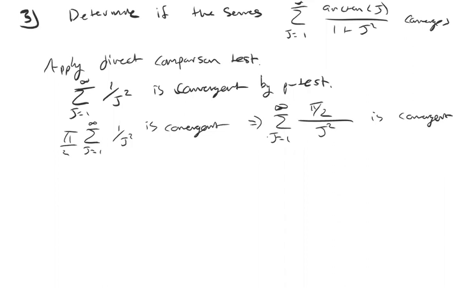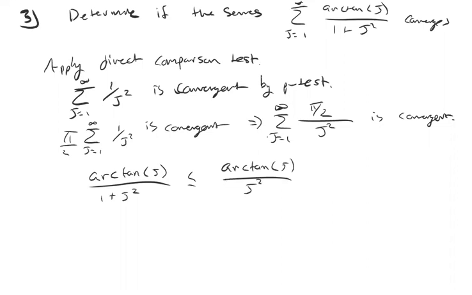Okay. Now we need to be careful and prove some inequalities. Okay. So we have arctan of j over 1 plus j squared is less than or equal to arctan of j over j squared, right?